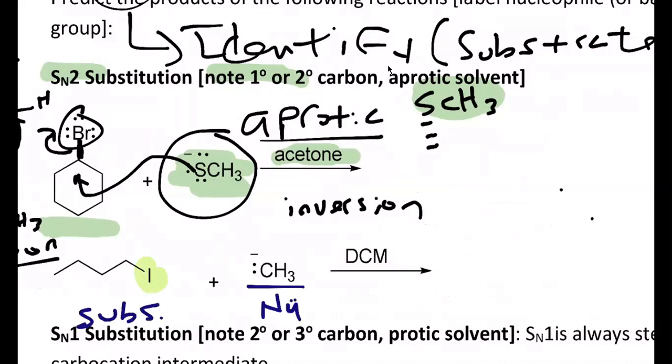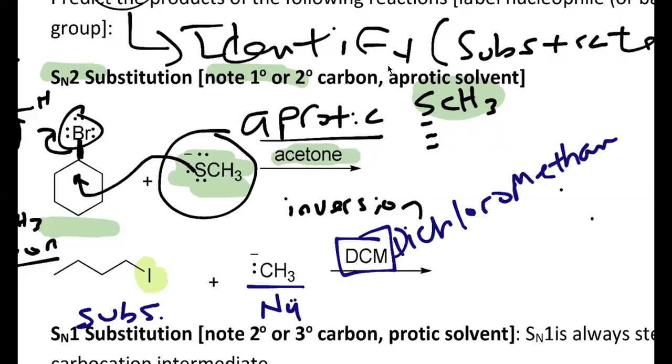DCM is an aprotic solvent, dichloromethane. When I do that reaction, if it's a substitution, I'm swapping out the leaving group with the nucleophile, whatever the nucleophile is.